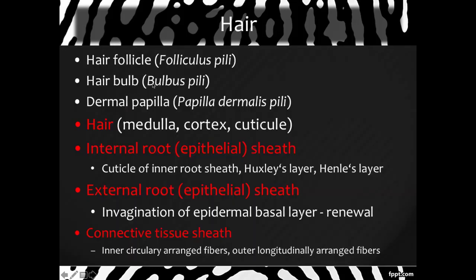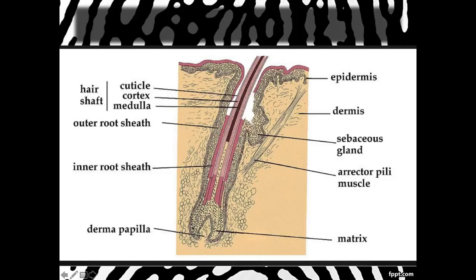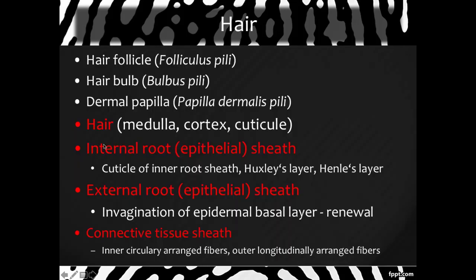So we've mentioned these structures: hair follicle, hair bulb, dermal papilla. The hair follicle is this whole structure, the hair bulb is this extension on the base portion, and the dermal papilla is this part. Hair has three parts: medulla, cortex, and cuticle of the hair shaft.